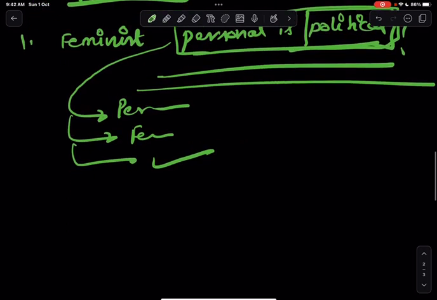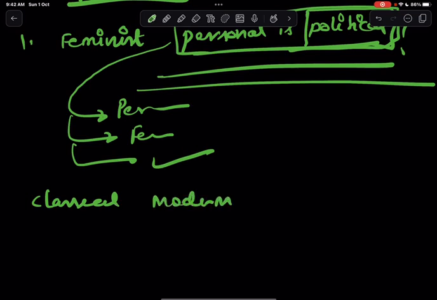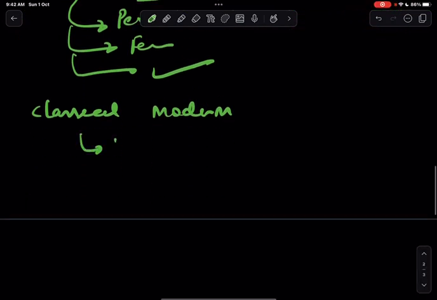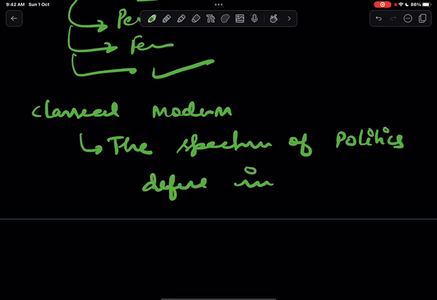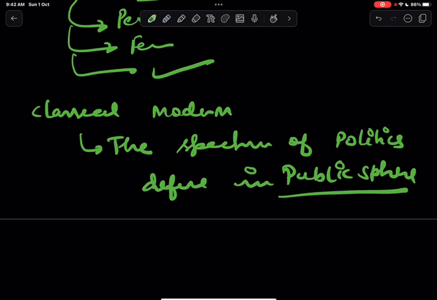See, from classical to modern time, the spectrum of politics is defined in the public sphere. Everything which is happening in public and concerning the public can only be debated in politics.